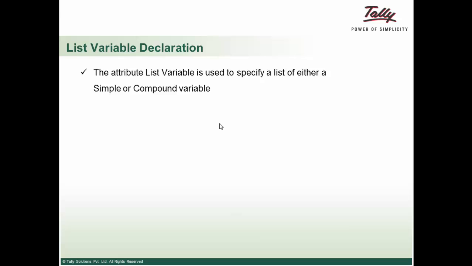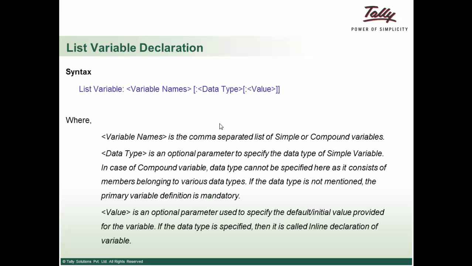If it does not have a data type, then it's a compound list variable. Please refer to the variable framework session and you will learn more detail about simple and compound variables. So this is how we specify list variable colon variable name colon data type optional colon value.